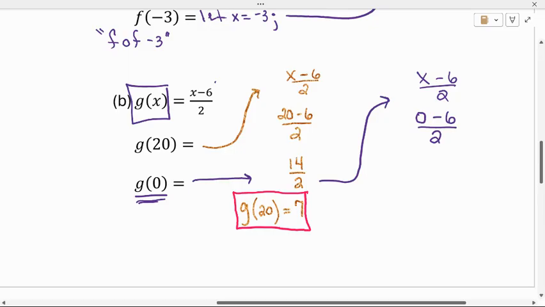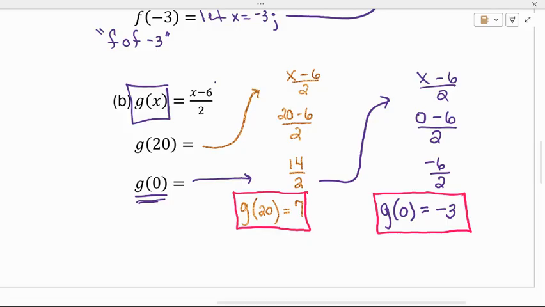Well, what is 0 take away 6? Negative 6. Good job. And negative 6 divided by 2 is? So g of 0 equals negative 3.